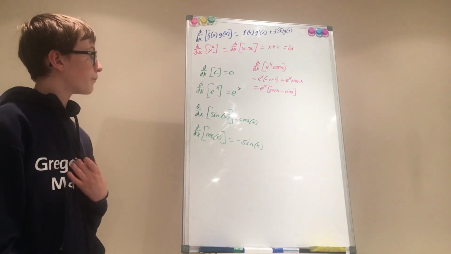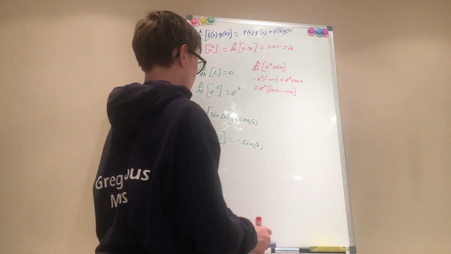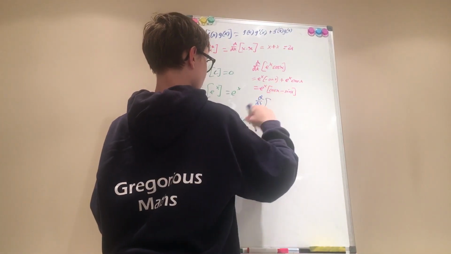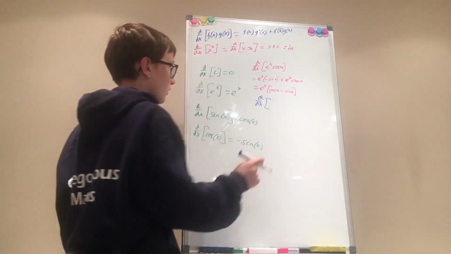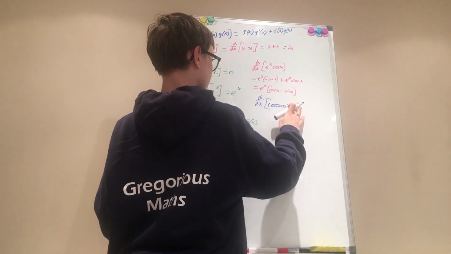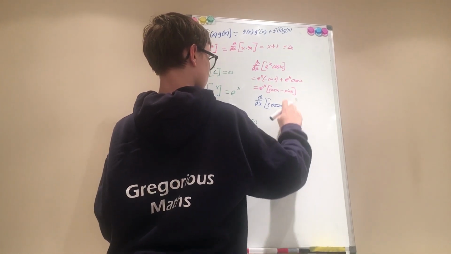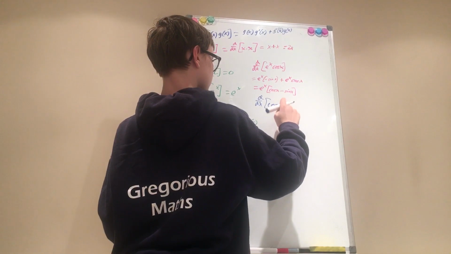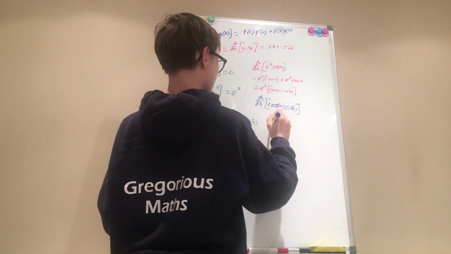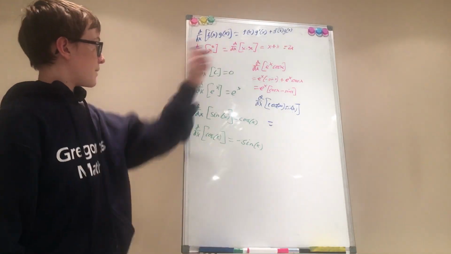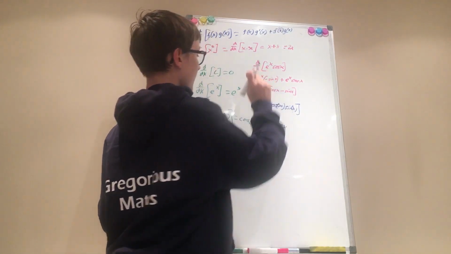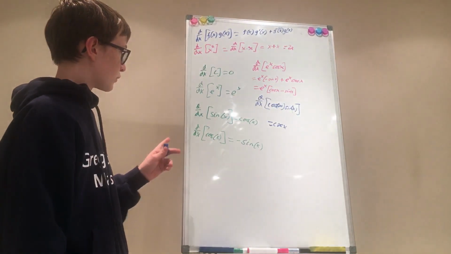Great. Now, let's do the derivative of, I don't know, cosine of x times sine of x. Now, this equals, keep the first function, f of x, so cosine of x, times the derivative of the second. Well, what's the derivative of that?